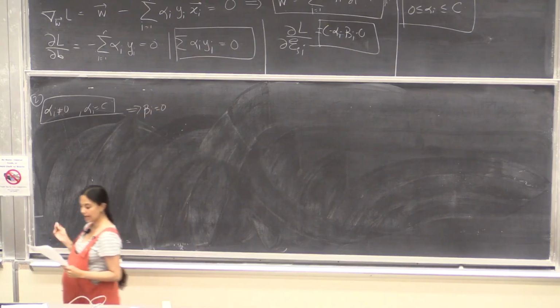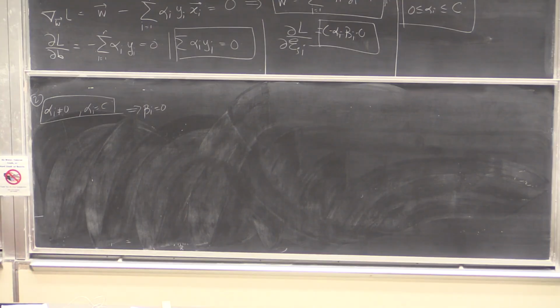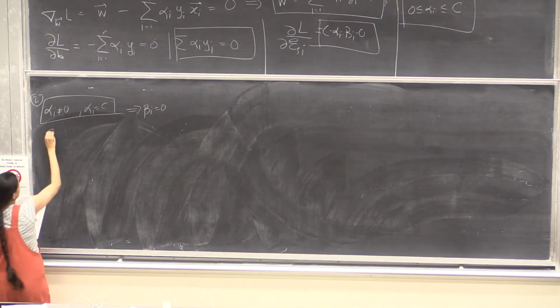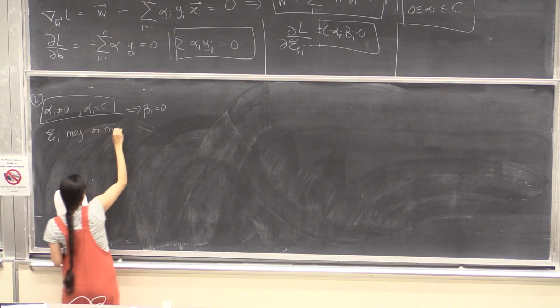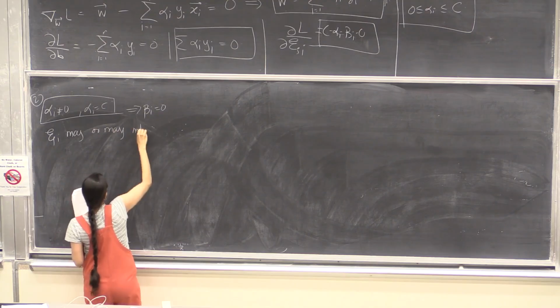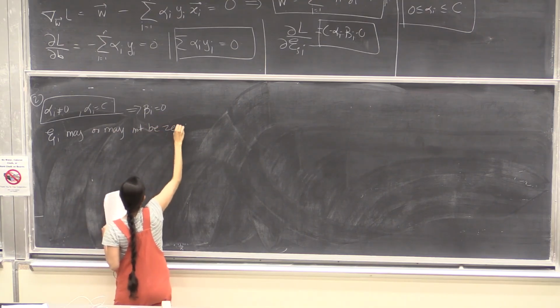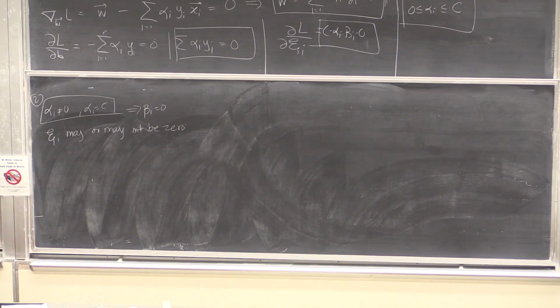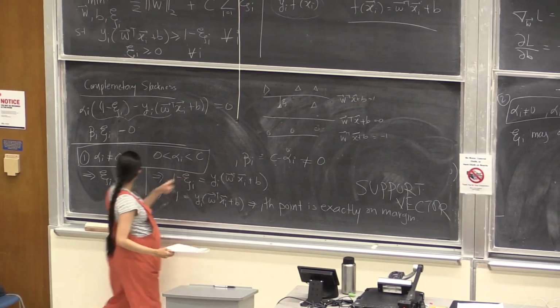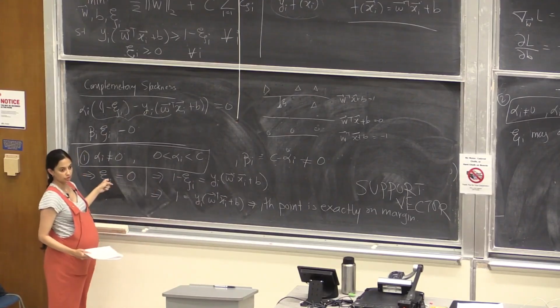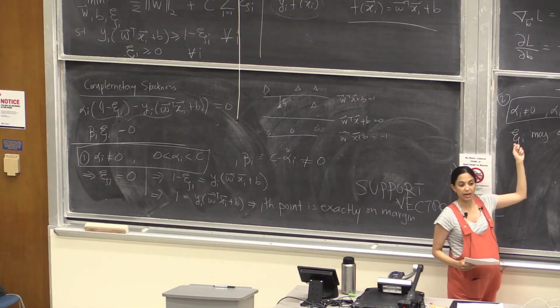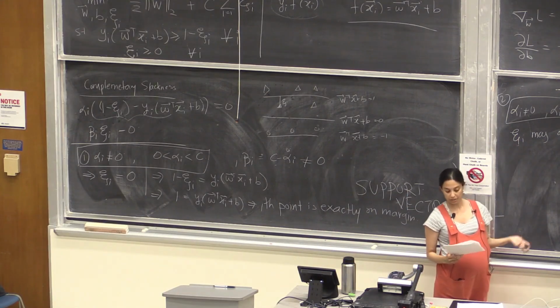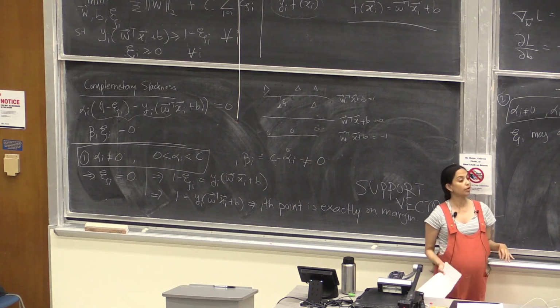Therefore, psi I, the slack variable, maybe is equal to 0, maybe it's not equal to 0. Here we used beta I not equal to 0 to conclude psi I must be equal to 0. But now, since beta I is equal to 0, we can't really conclude this, right? Maybe it's equal to 0, maybe it's not equal to 0.